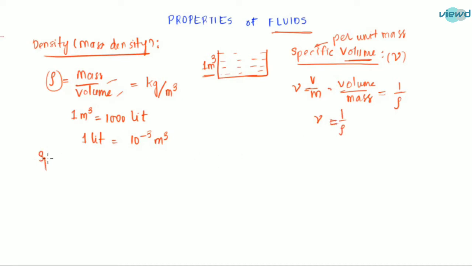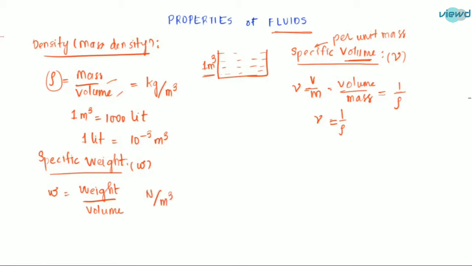And next is specific weight. Specific weight is represented with small w. w is equal to weight per unit volume. So the units are Newton per meter cube, whereas for specific volume the units are meter cube per kg.